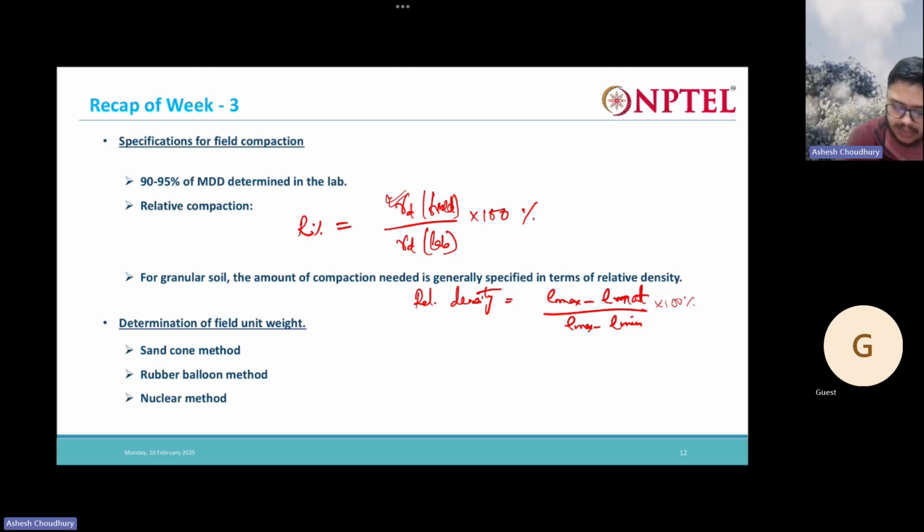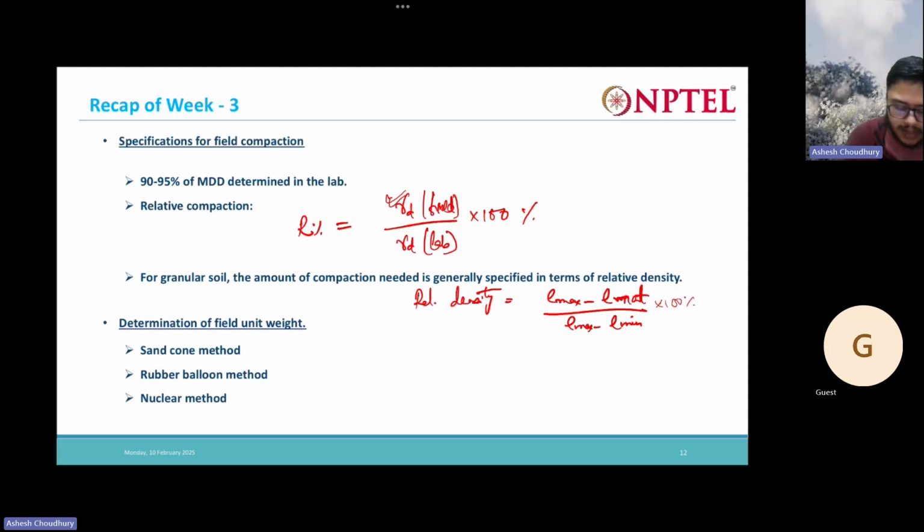The sand cone method. In the sand cone method, we use an inverted cone, we pour sand in that, and with the help of sand of known specific gravity and density, we determine the density of the soil in the field. We use sand for that.